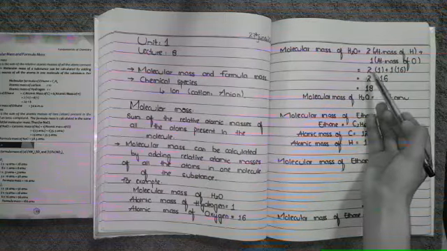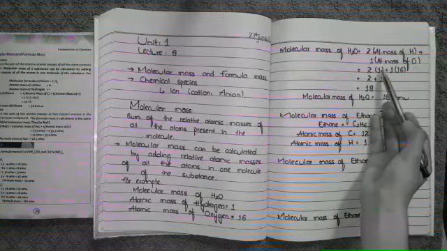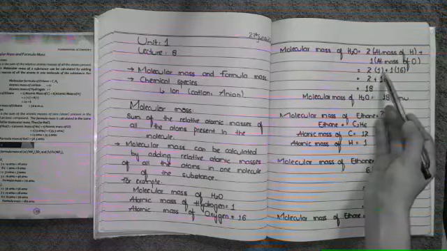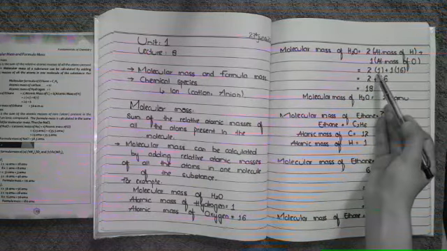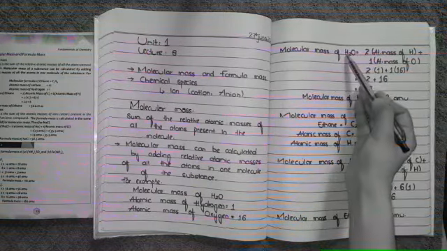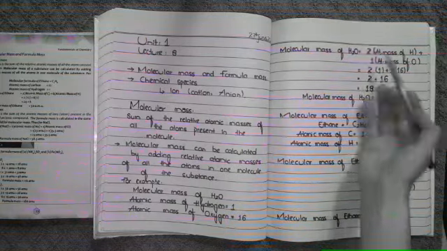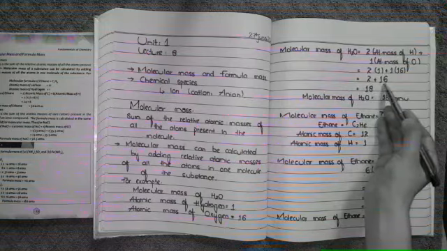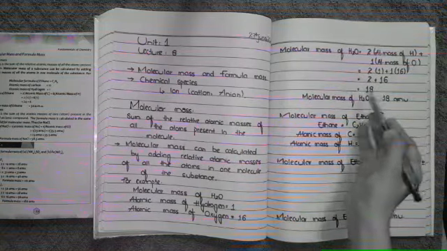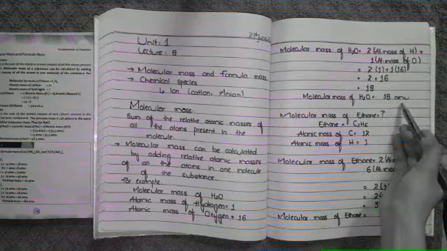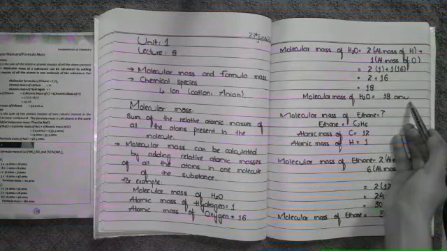Now we place the values of the atomic masses: 2 into 1 plus 1 into 16. This 1 is the atomic mass of the hydrogen atom, while 16 is the atomic mass of the oxygen atom. So we will get 2 plus 16, which is 18. So the molecular mass of the water molecule is 18 AMU, atomic mass unit.